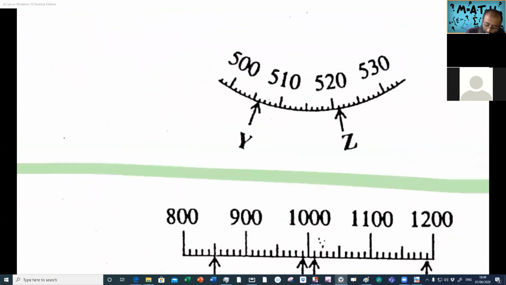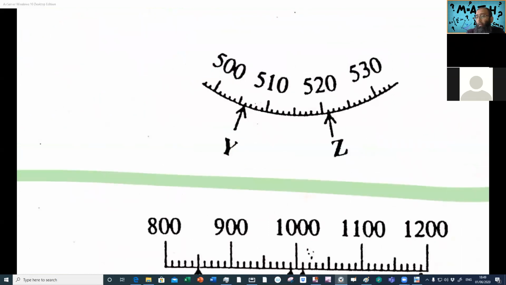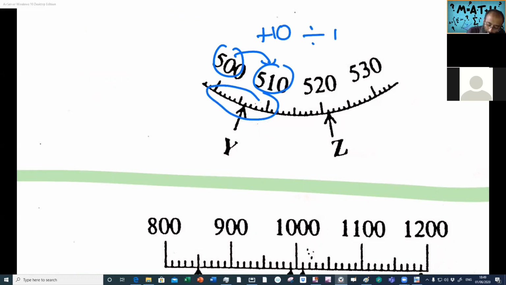She's muted. Okay, so here from 500 to 510, we've gone up in 10. We've got 10 little gaps here. The answer is, go on. 506. Beautiful. And then it's 521.